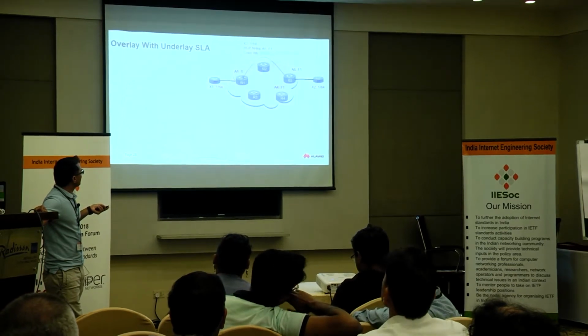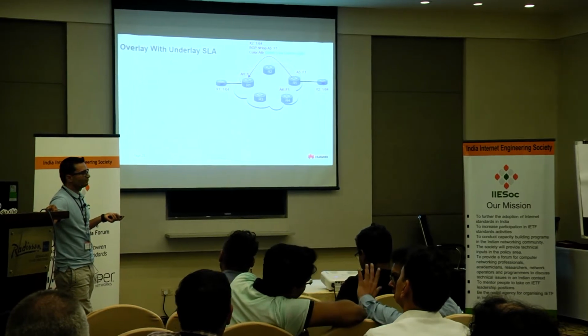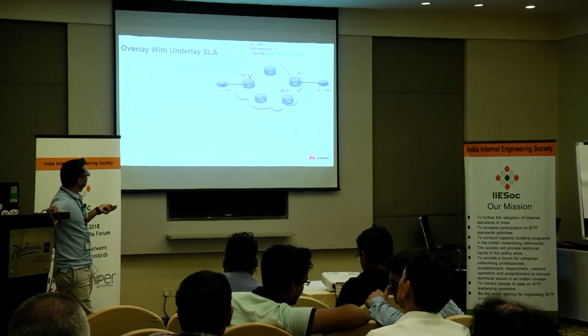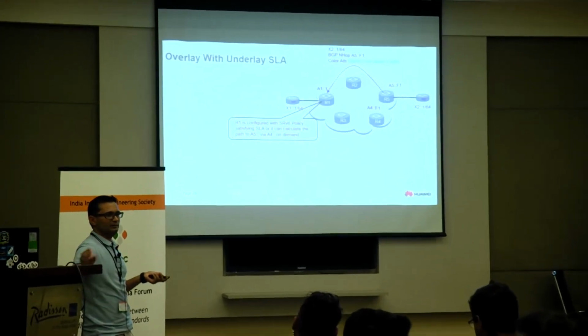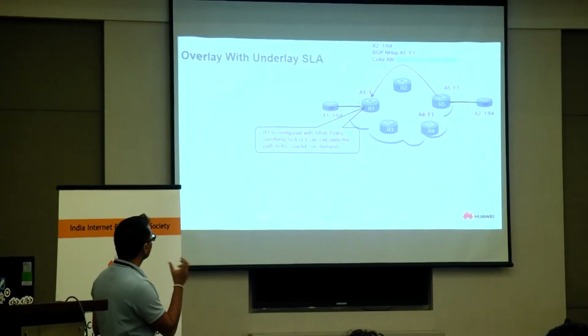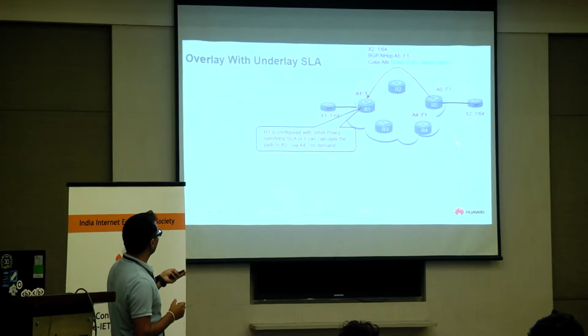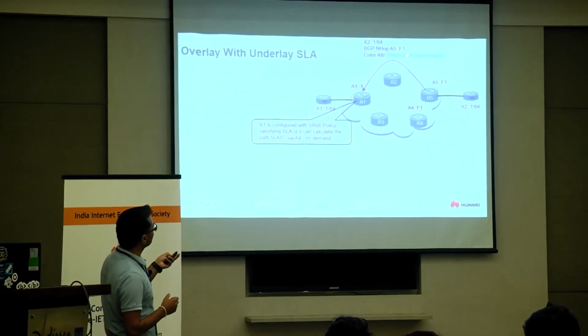Now the simple case with your underlay SLA, like a low-latency path: the service requires a low-latency path. In that case the source will compute the segment list. Again the segment list here is via A4 to A5, where BGP says this is my next hop.